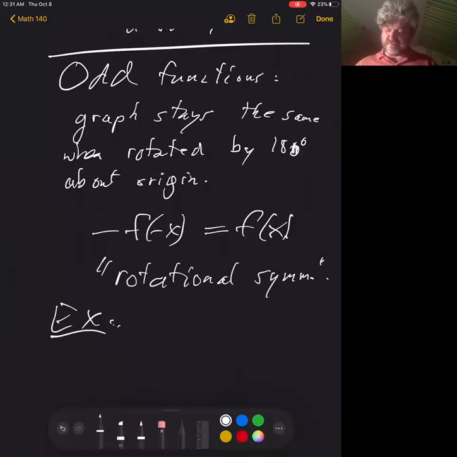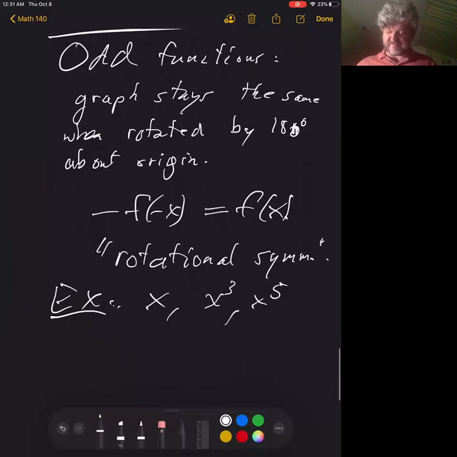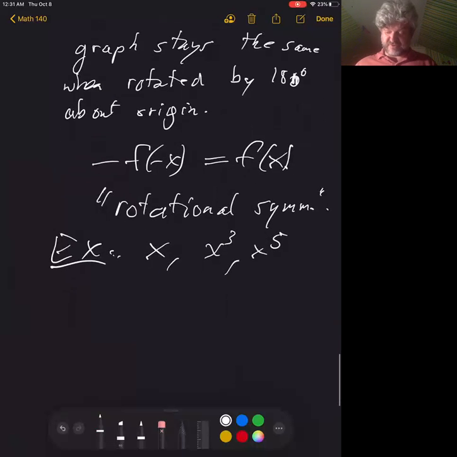Classical example, the function y is x, or x cubed, or x to the 5th, all the odd powers of x. Why does that work? Let's check x cubed.